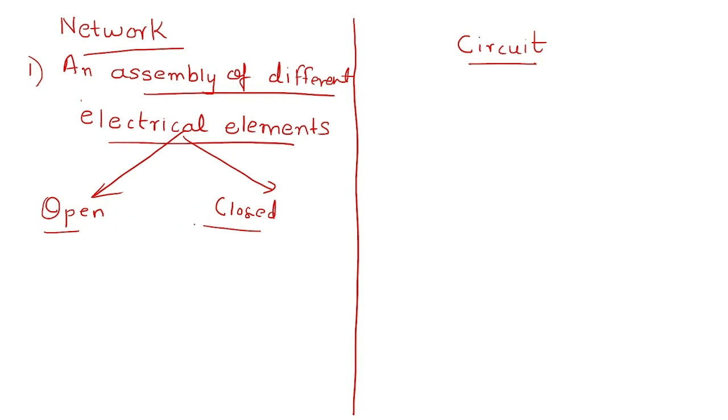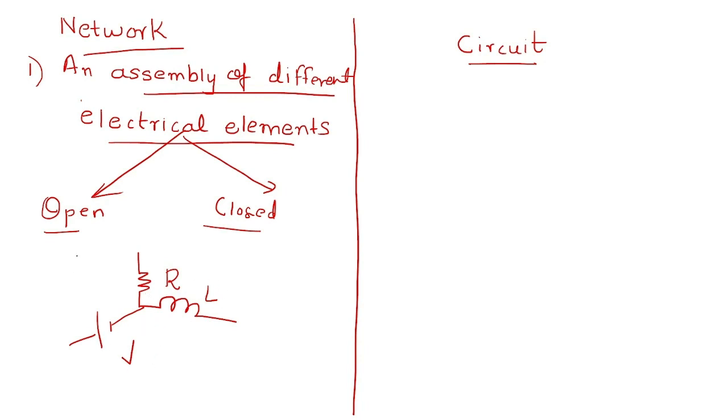So let's try to draw a particular network. I have a resistor R, I have an inductor L, and I have a voltage source V. So this can become a network because it is definitely an assembly or a collection of different network elements like resistor, voltage source and an inductor.